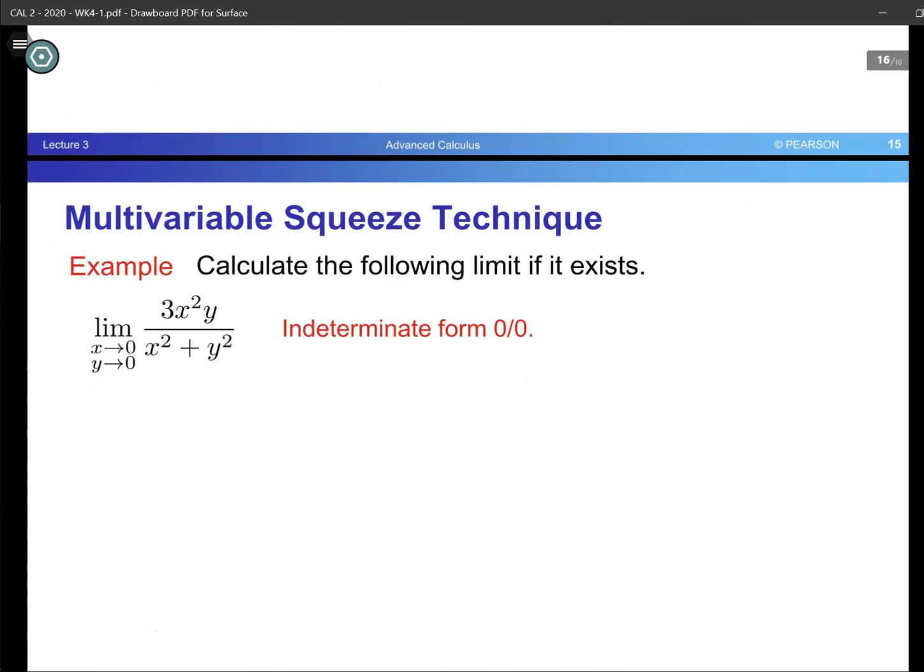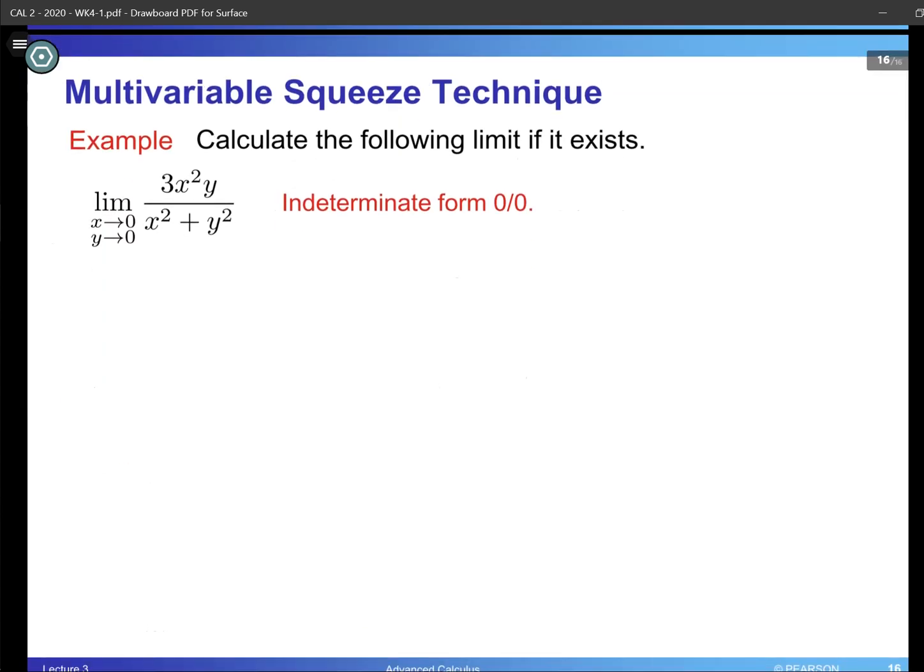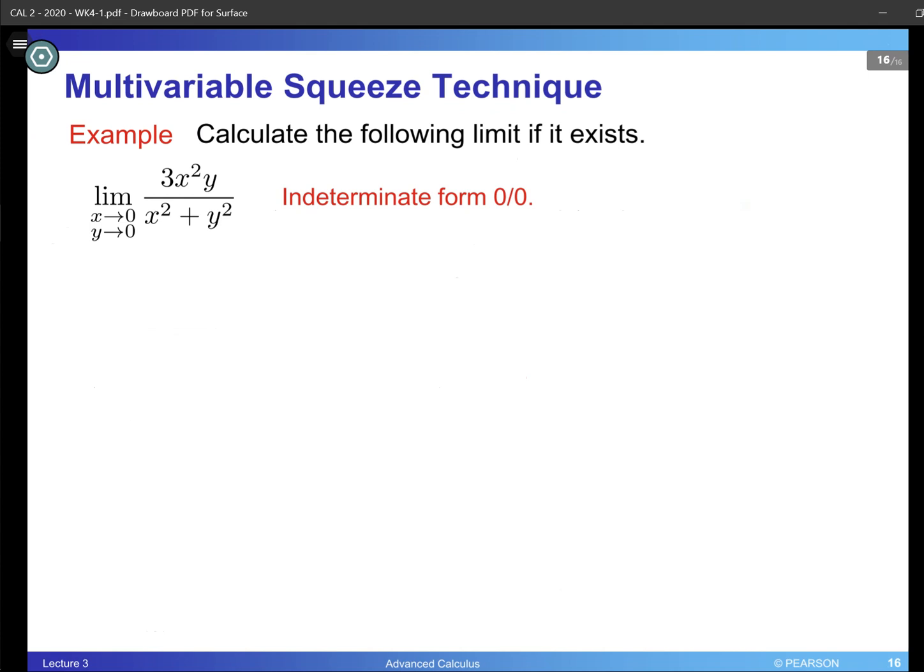I am going to skip to this squeeze technique. Sometimes we call this the sandwich technique. This is a technique that you can use to find limits when all the other guidelines failed. So this is number 4.